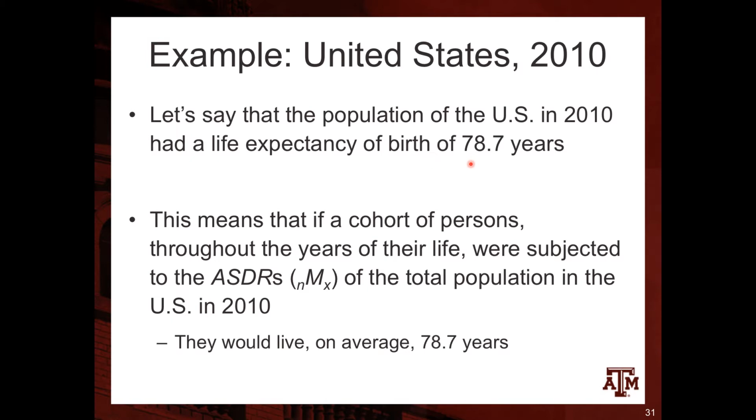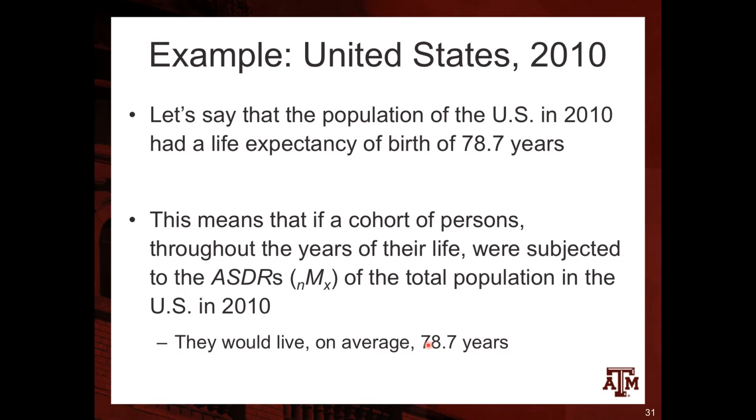This means that if a cohort of people throughout their years of life were subjected to the age-specific death rates of the total population in the US in 2010, they would live on average 78.7 years. So you have to consider those age-specific death rates for all the age groups. If people were subjected to those rates throughout their lives, they would live on average 78.7 years.